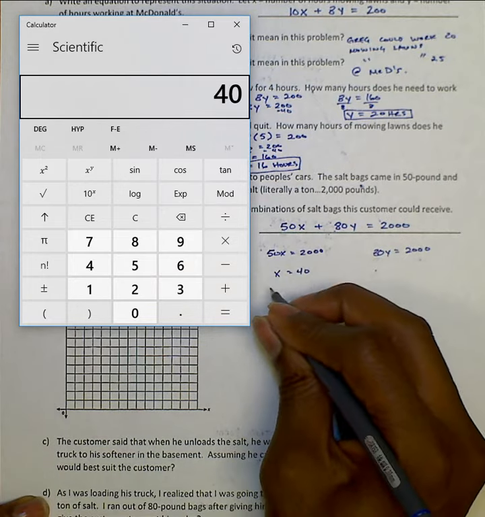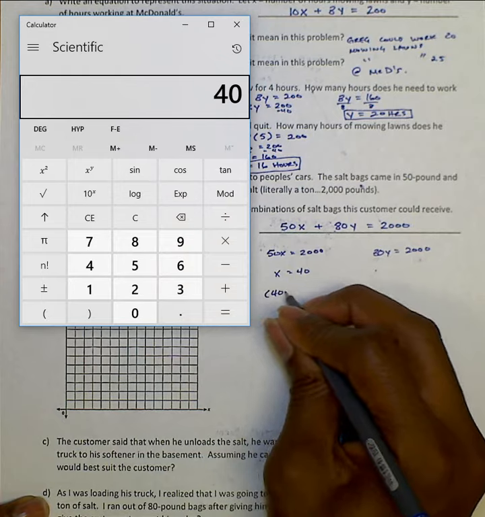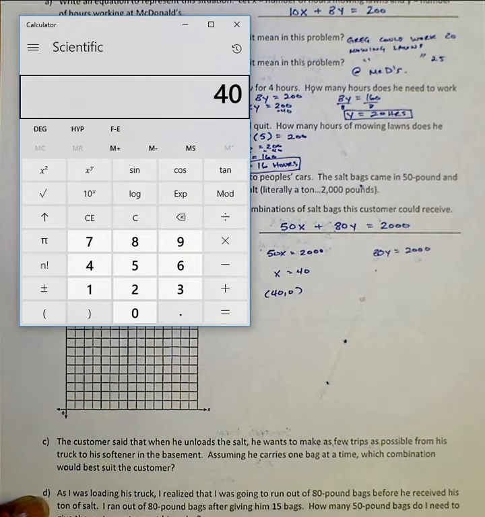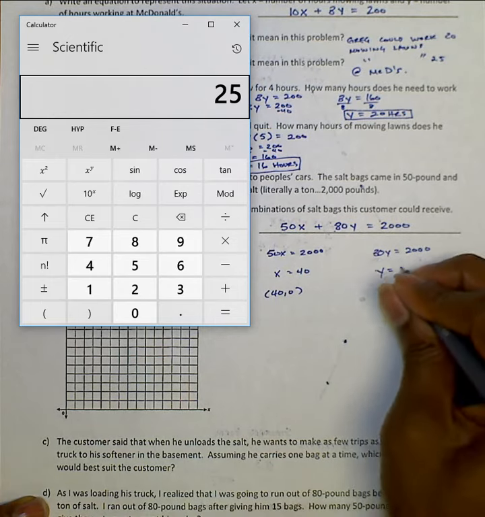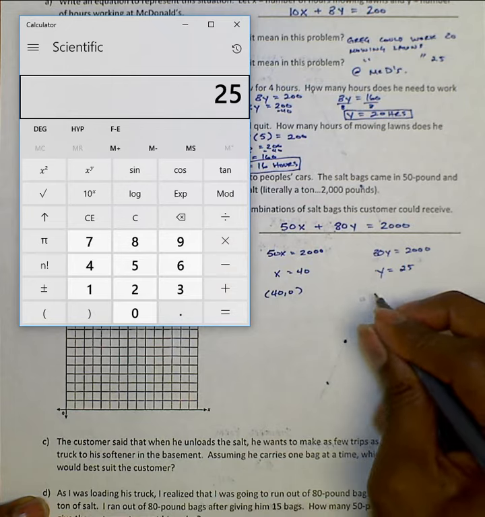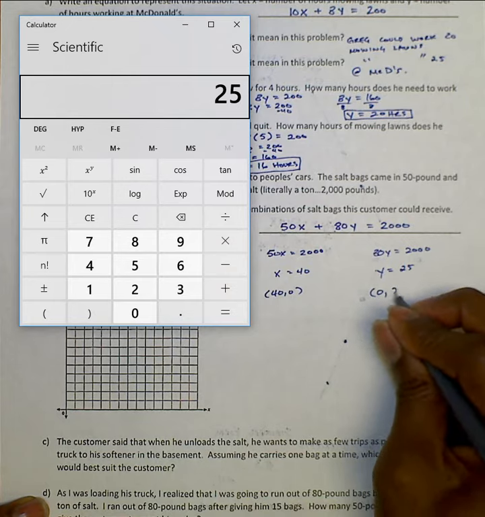So our x-intercept would be at (40, 0). And then 2,000 divided by 80, so y would equal 25. (0, 25).